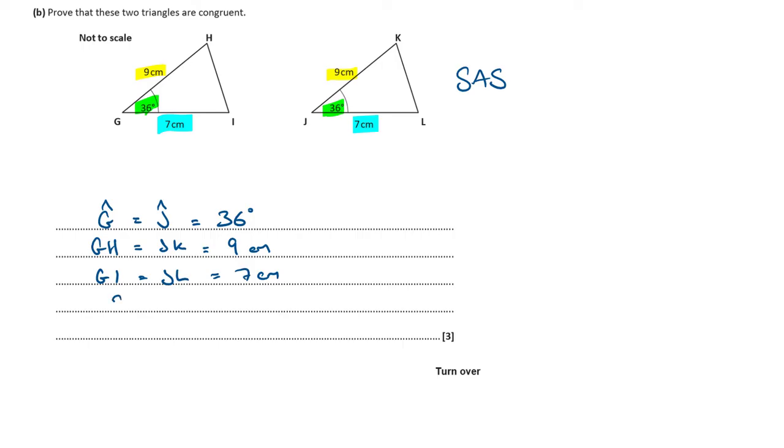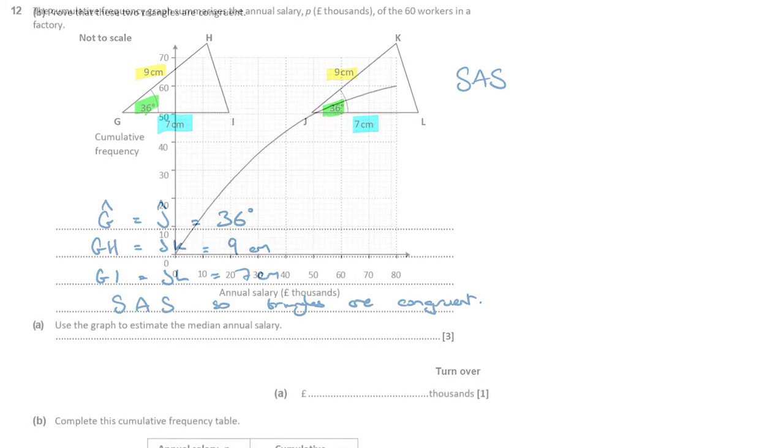Okay, SAS, side angle side, so triangles are congruent. Okay, that's good enough.